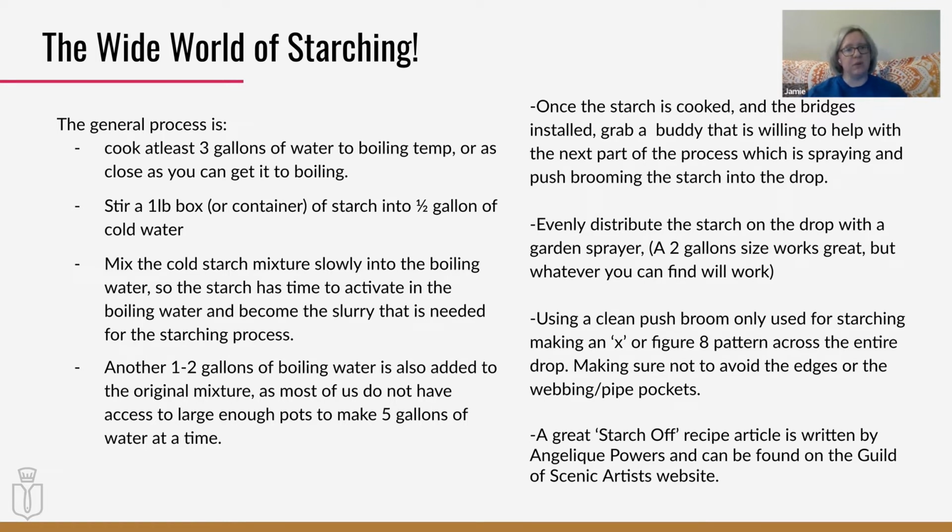So you then mix the cold starch mixture slowly into the boiling water, so the starch has time to activate in the boiling water and become the slurry that is needed for the starching process. A lot of times, 1 or 2 gallons of boiling water is also added to the original mixture, since most of us don't always have enough access to boiling water all at one time. So that's why some is added later. That way, at least the starch is cooked and you can mix it with hot water.